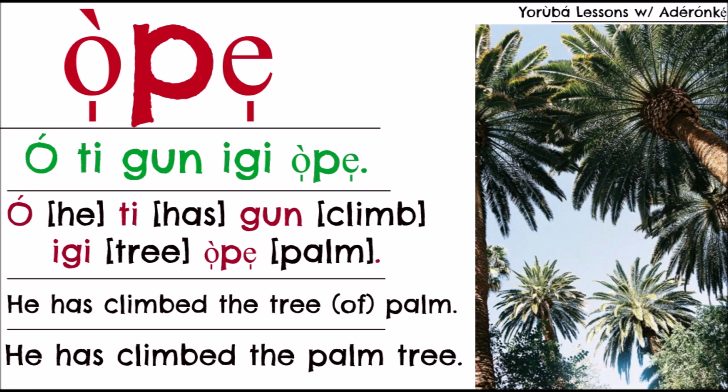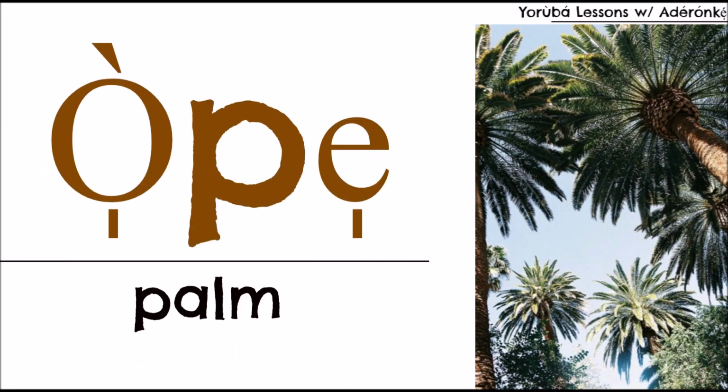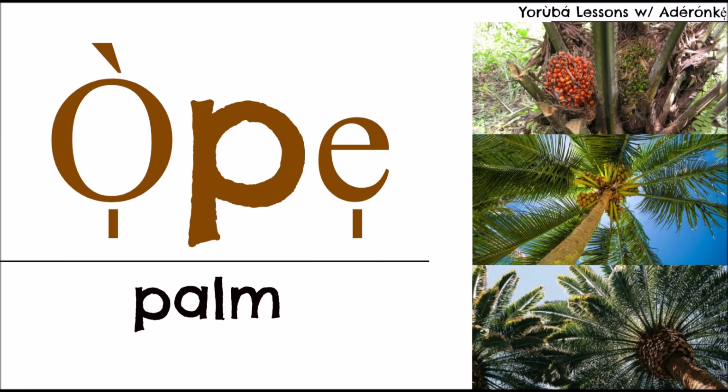So know that okpe is completely different from okpe. Okpe is thanks or gratitude. Okpe is palm. The palm tree is significant to us. It's extremely significant to us. There are so many reasons, especially when it comes to spirituality.